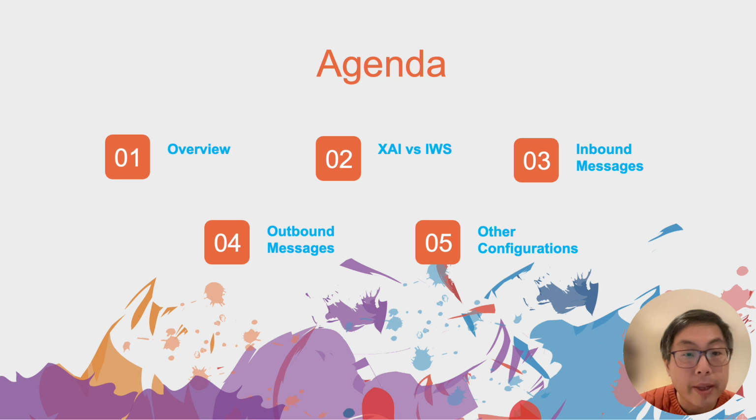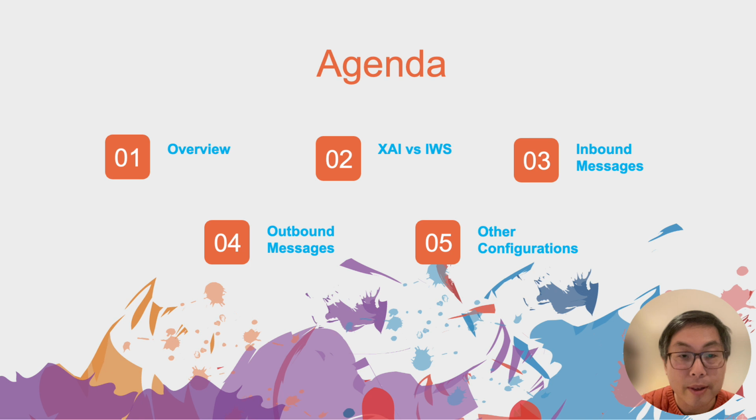Right, so let's break that down into a few topics. The first one just goes through the overview, and for the second part I would like to talk about XAI and IWS. These are acronyms in the OUAF.